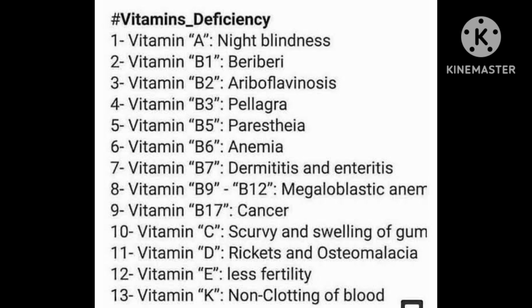And last I am talking about vitamin K. What is the source for vitamin K? Green leafy vegetables. Generally everyone should eat green, leafy vegetables. Okay, in a general way, then you will get vitamin K.